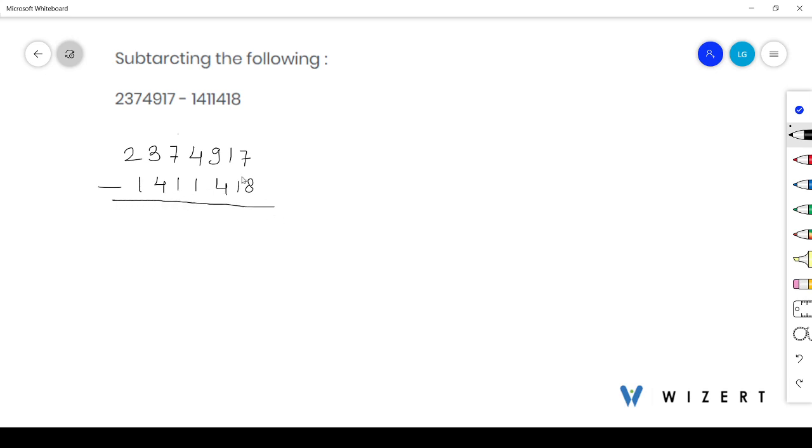Do that subtraction. 7 minus 8 is not possible, so we borrow from the tens place.